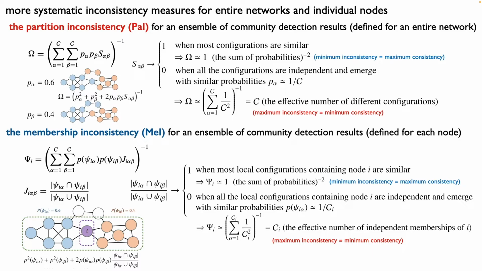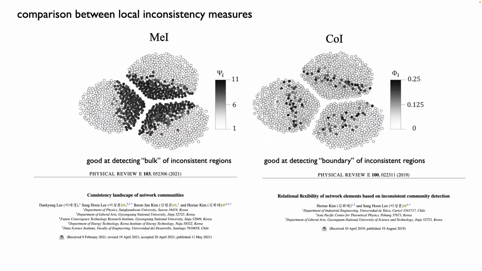Instead of going through all the mathematical terms, here is an illustrative example to show the difference between MAI and COI. I hope you remember that I said the rather heuristically defined COI might have some problem with more than two communities. And here we let the central nodes switch among three different communities instead of two communities.